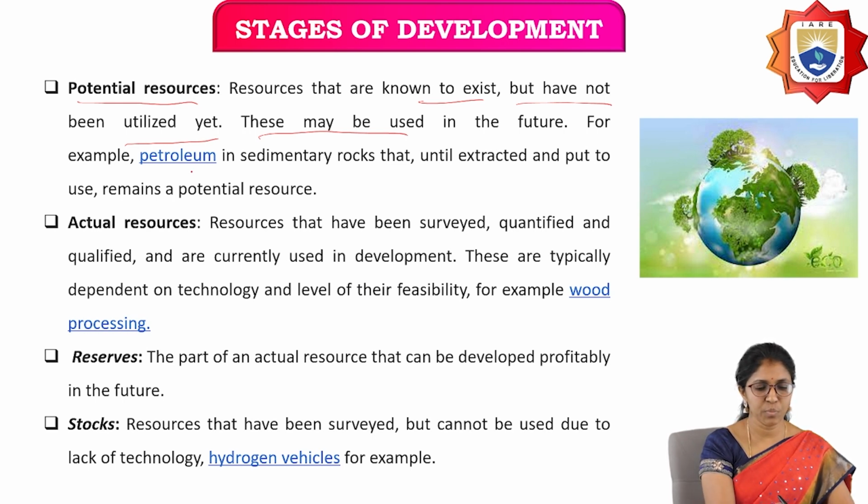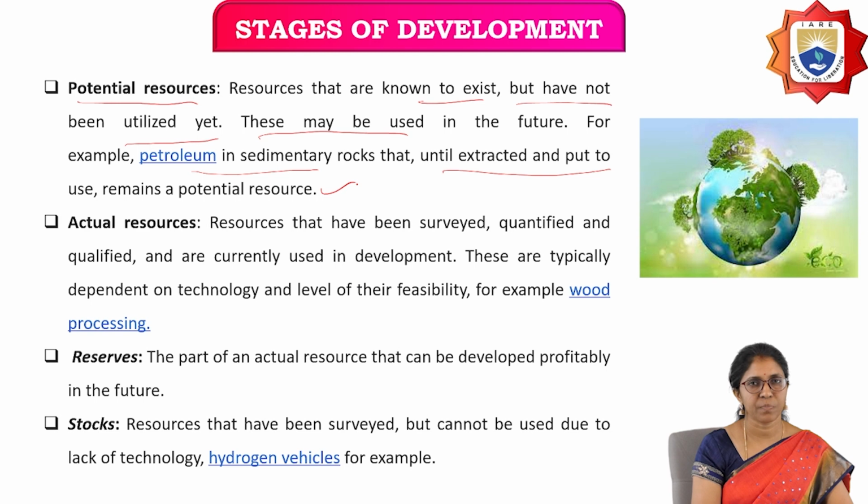For example, petroleum in sedimentary rocks remains a potential resource until it is extracted and put into use. It is known to exist but has not been utilized, so that source is called a potential resource.